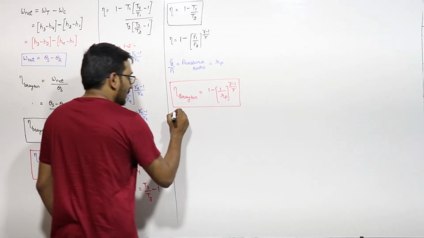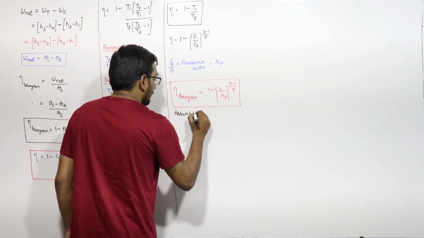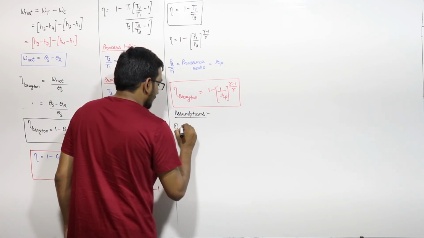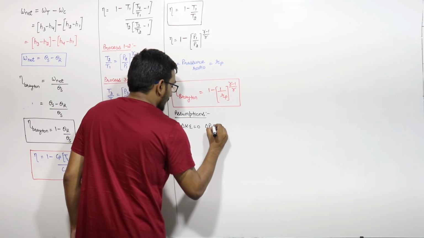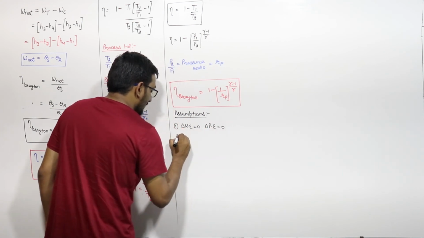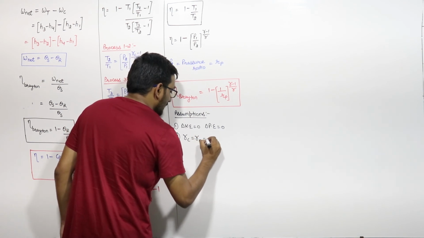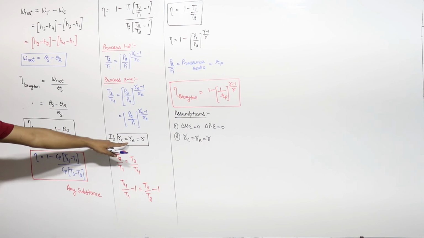Just note it down. What are the assumptions which we take while solving this Brayton cycle efficiency? First assumption is changes in kinetic energy 0, changes in potential energy 0. Second assumption we take that gamma for compression will be equal to gamma for expansion will be equal to gamma. This assumption we take, right?